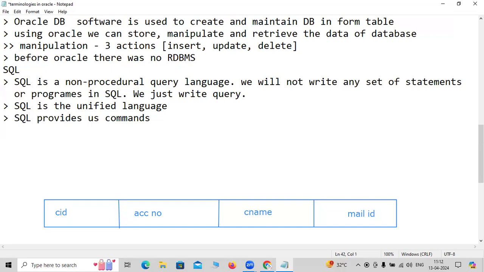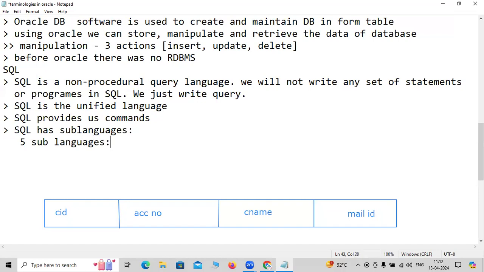SQL has sub languages. So what are the sub languages of SQL? There are 5 sub languages.